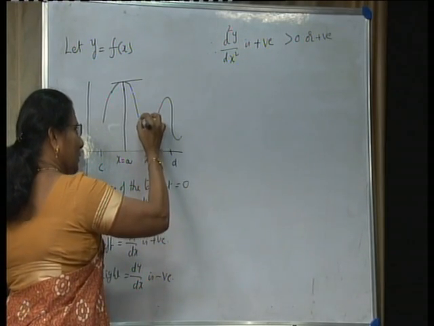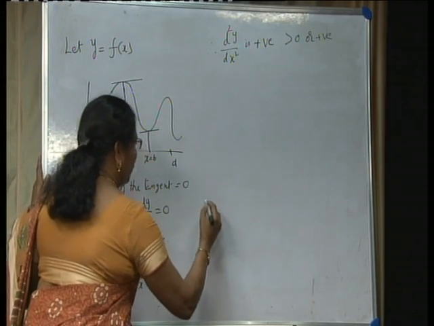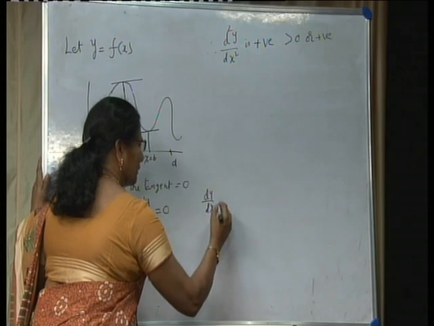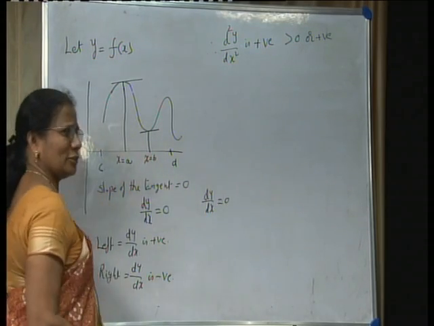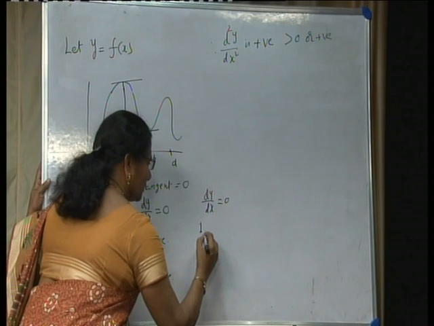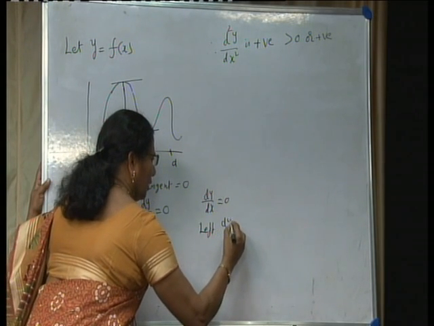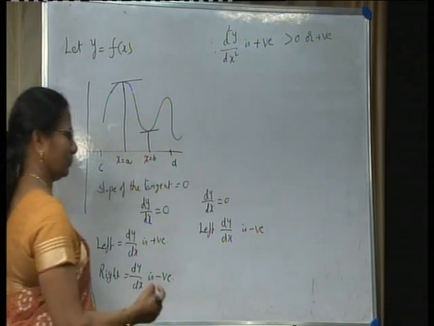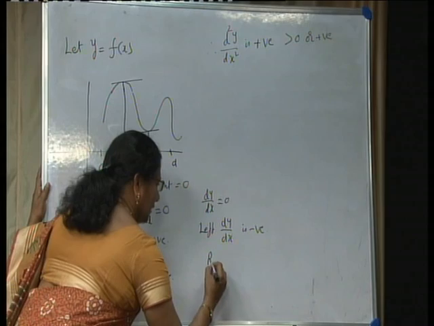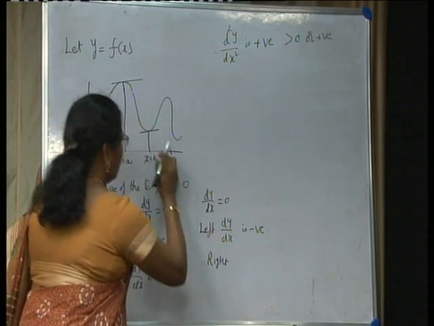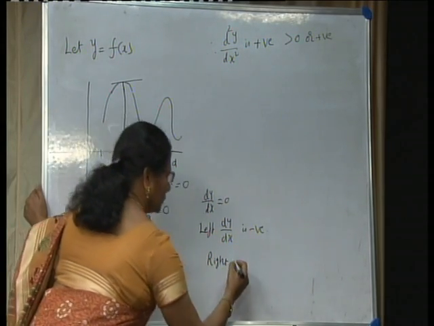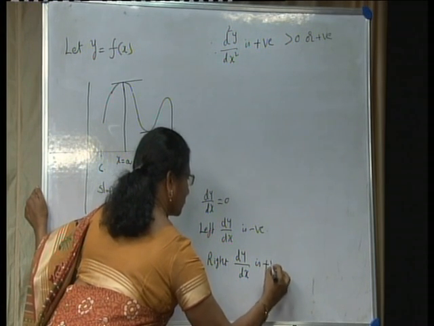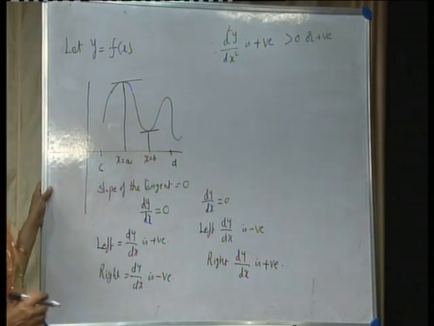At this point, dy by dx is actually 0 at the point x is equal to b, but if we take the left side, dy by dx is negative, and if we take the right side of this, dy by dx is positive.